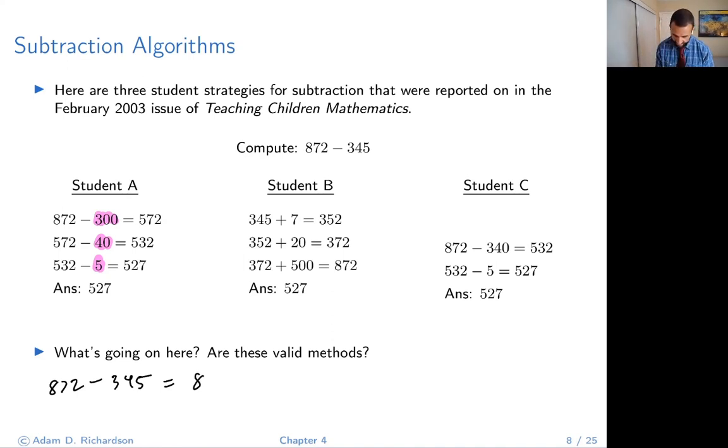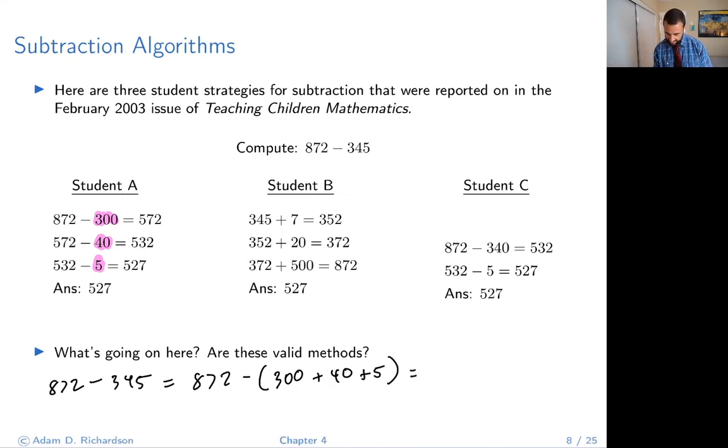And we can write it as 872 minus 300 plus 40 plus 5, because this is 345 right there. And now you can just subtract away the pieces. It's 872 minus 300 minus 40 minus 5.